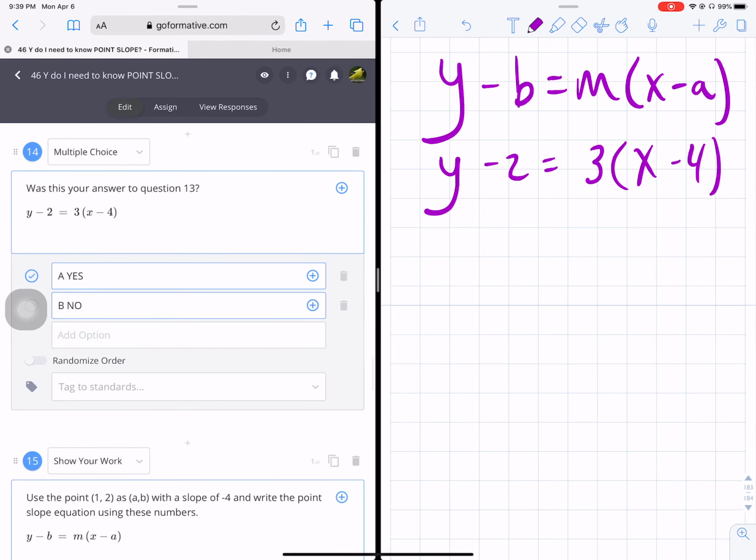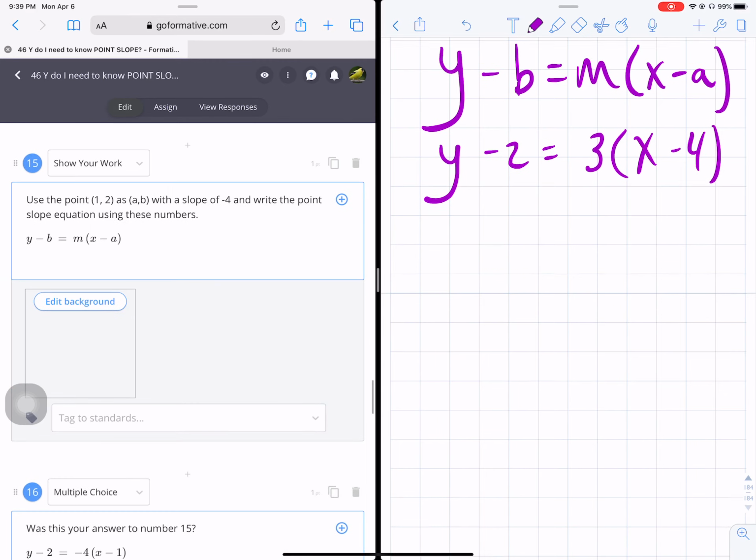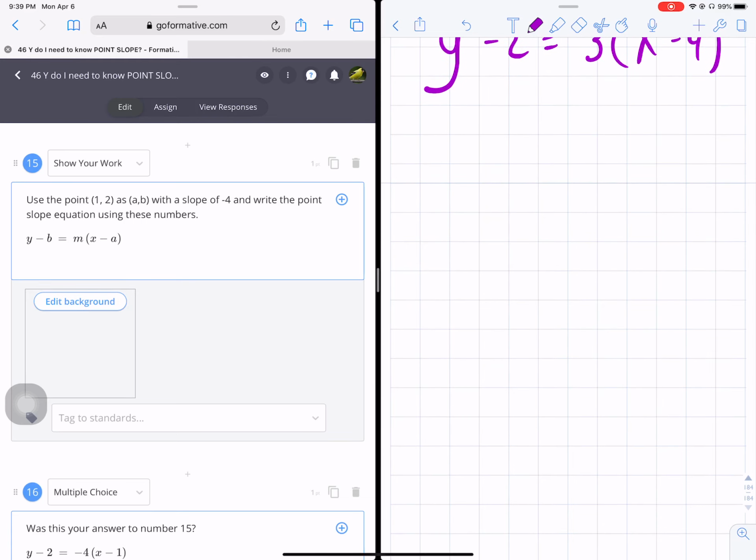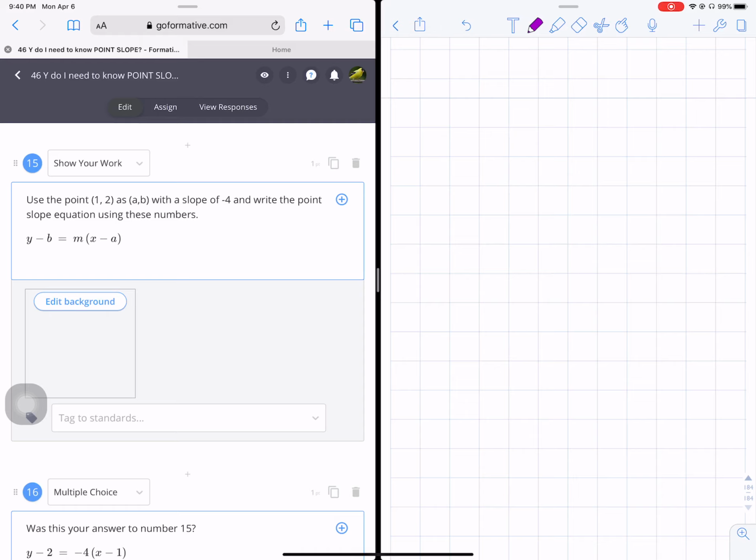It's when you get to here that you need to solve. Was this your answer? We're not solving, but it's like, does that match? Yes or no? I think it matches, also because it says yes. Use the point 1, 2 as A, B with the slope of -4.